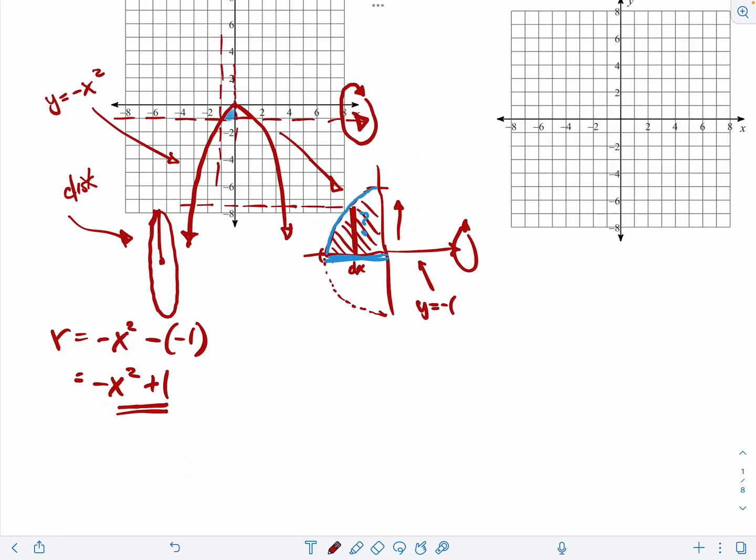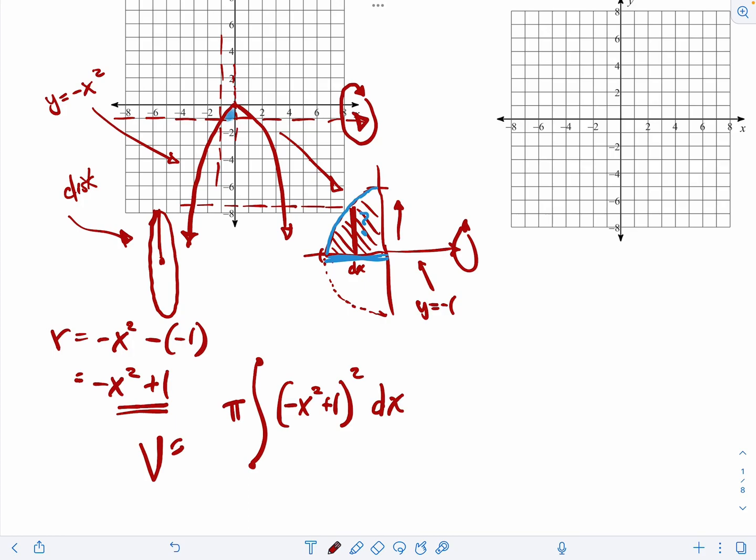Now I'm going to wave my hands a bit, because we've been doing a lot of work on how the area sets up into the integral being the volume of revolution. It's pi r squared that is the area of that disk. Here's the pi, the r is negative x squared plus 1, squared, and then dx is that little thickness that will create the volume. That is the setup for the integral of our volume.